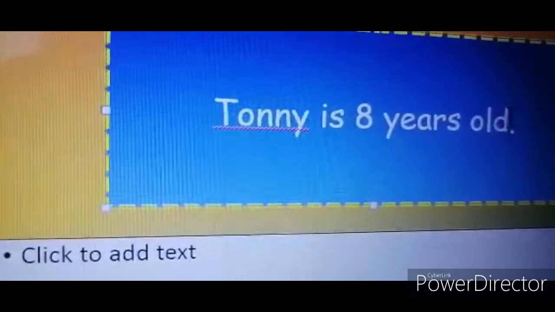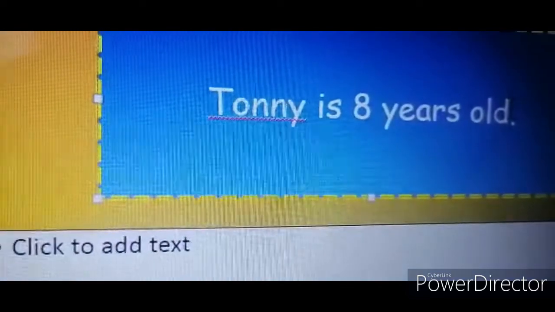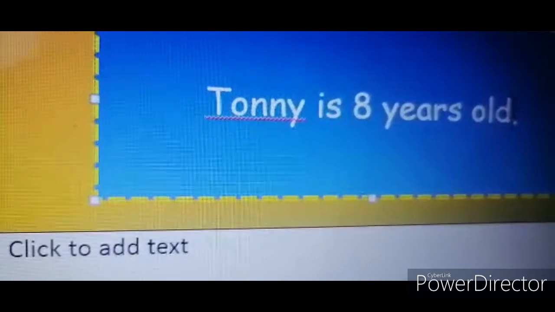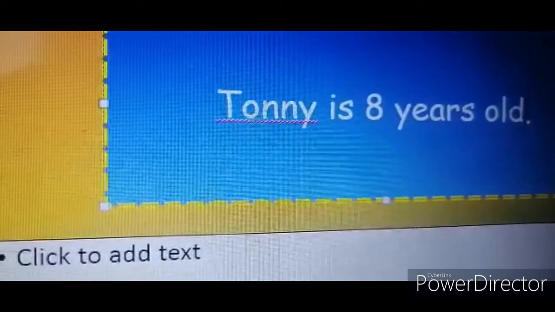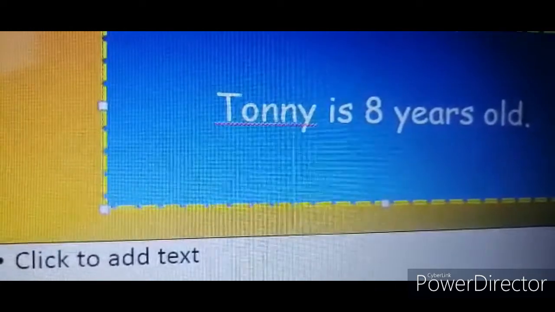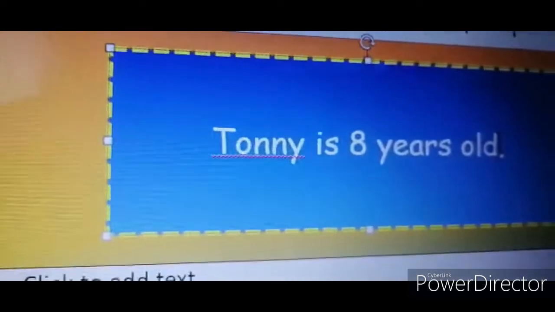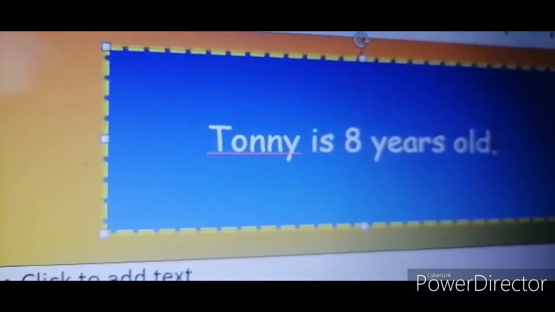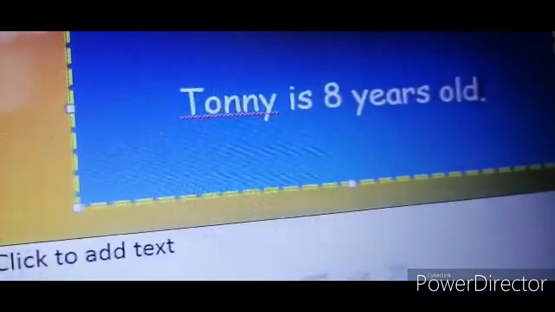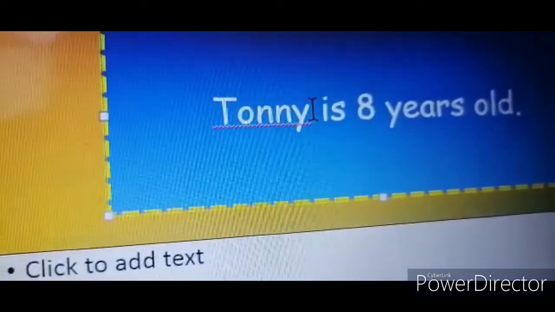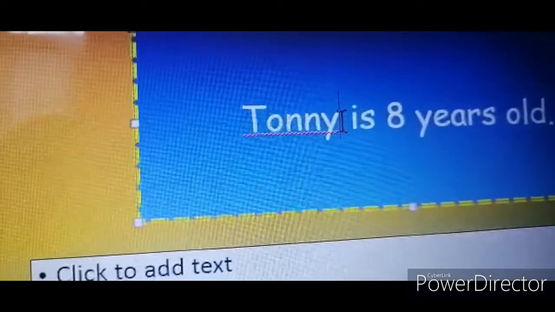Let's say that I want to erase the word Tony in this sentence. So what must I do? I must place the cursor after Tony. I take my mouse and place it after Tony.